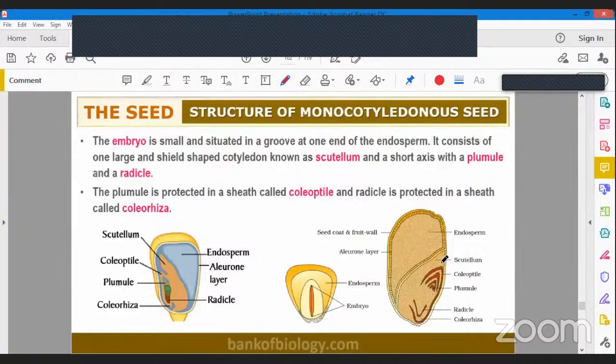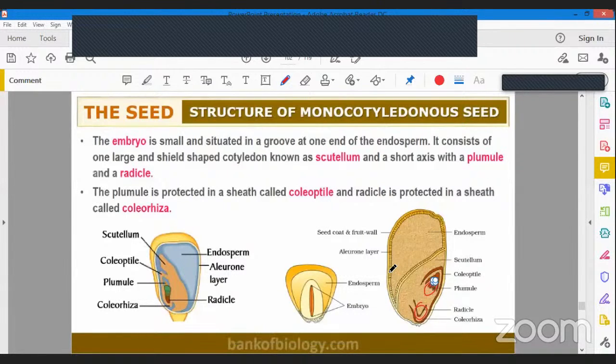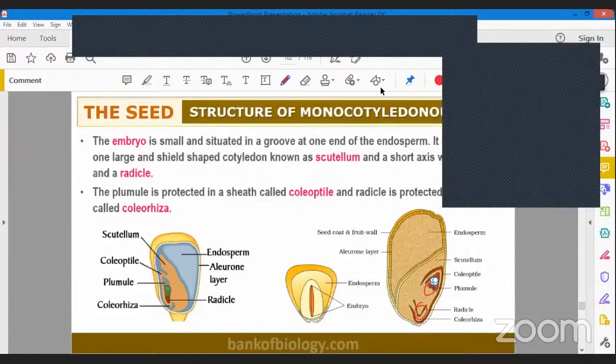Can you see here? This is the plumule and this is the radicle. So remember, plumule is protected by coleoptile and radicle is protected by coleorhiza. Take it down, students. Fast.